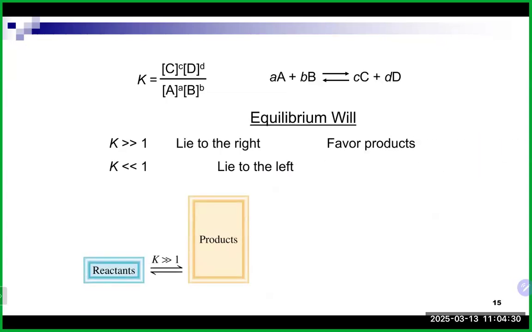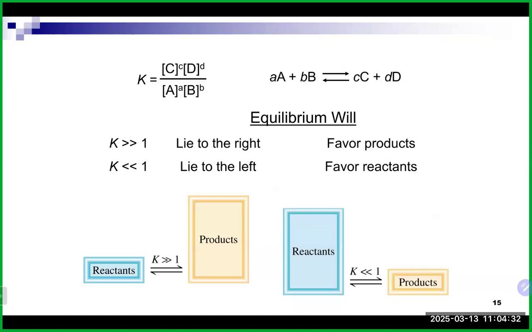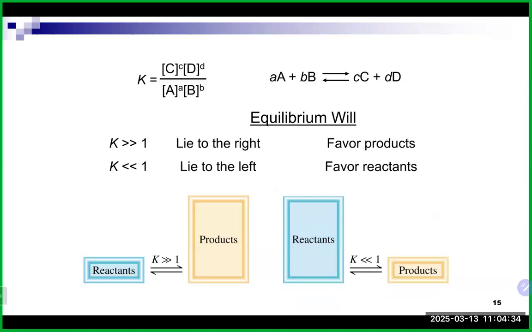As I mentioned, there are different degrees of large and small, and we'll see them as we go through different chapters. But you could have an extremely large one, which is essentially a one-way street, or a really small one, which is also essentially a one-way street.